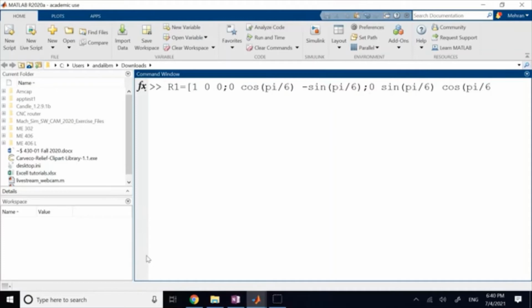In MATLAB, when you say sine and cosine, you have to use radians. If you want degrees, you have to say sind and cosd, okay? So this is your X matrix, correct?